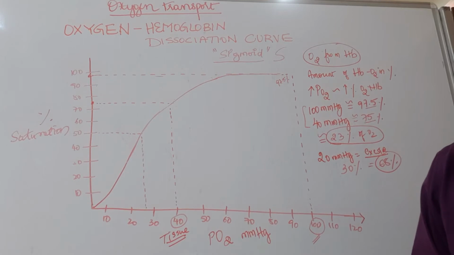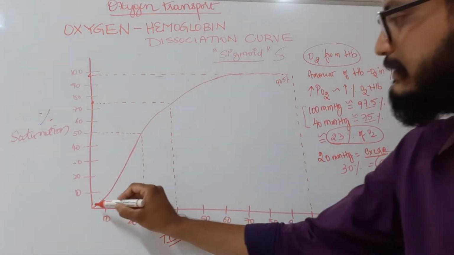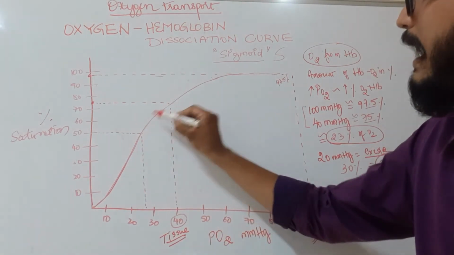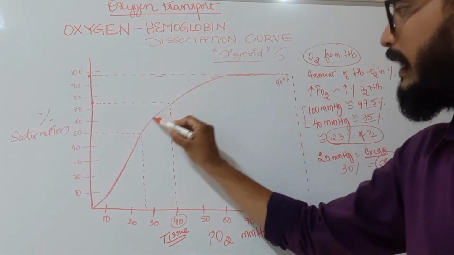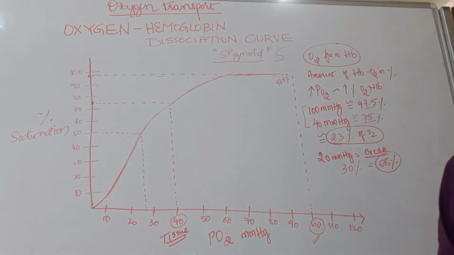What is the speciality of this S-shaped or sigmoid curve? It has a plateau and a very steep structure over it. So what does it explain?